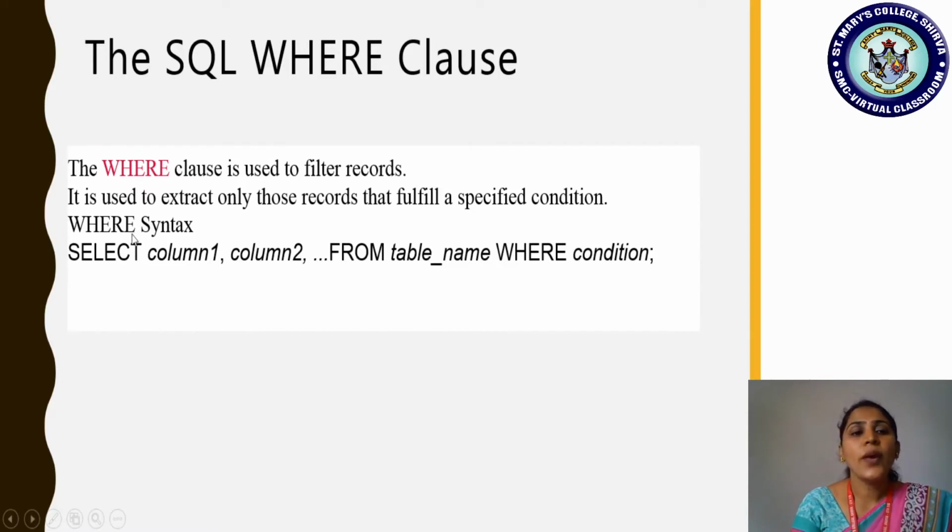The syntax of a select statement which includes which clause? The WHERE clause. Observe here the pattern. Select column 1, column 2 from table name where condition. Here they are telling select which columns you want.